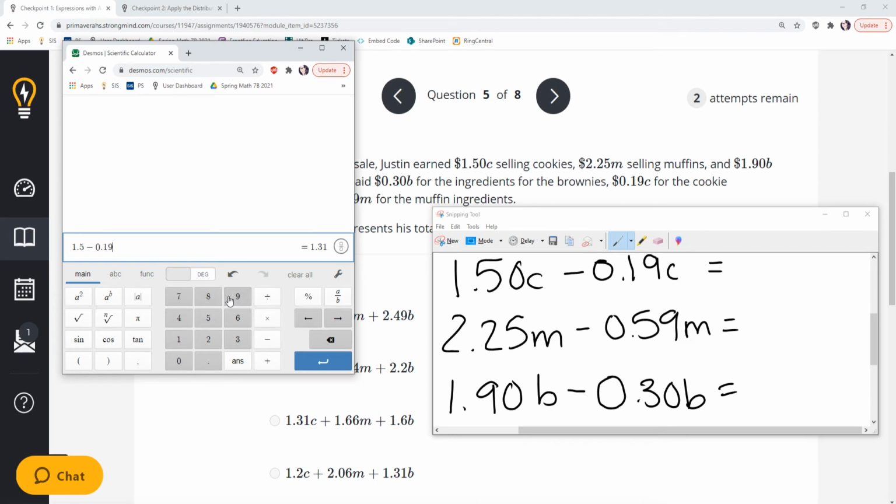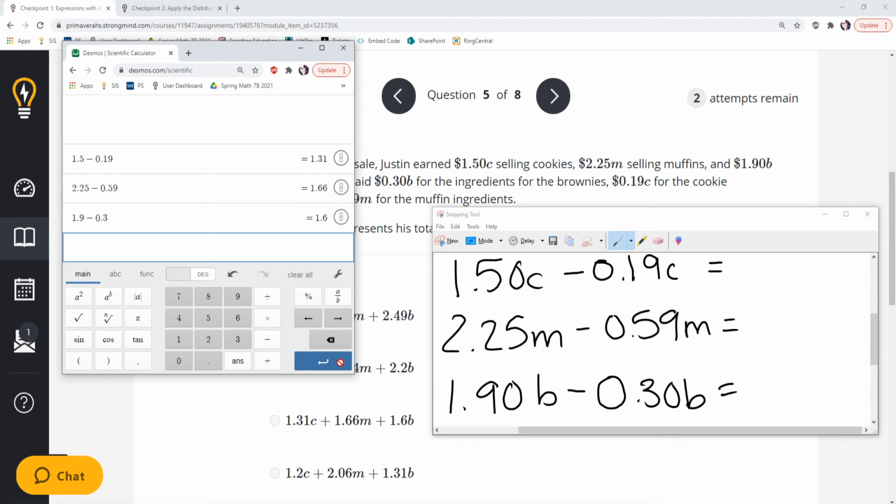On these ones, make sure that you're always double checking your decimal places. It's easy to accidentally forget one or just put it in the wrong spot, and that'll change your answer. All right, next one, 2.25, and I'm subtracting 0.59. Third one, I have 1.9, and I am subtracting 0.3.